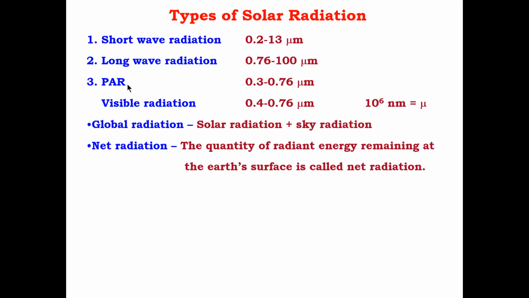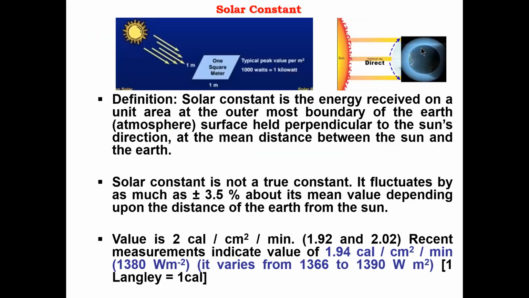Photosynthetic active radiation is 0.3 to 0.76 micrometers, and visible radiation is 0.4 to 0.76 micrometers. So this is the atmospheric layer, whatever radiation is received at the Earth surface.